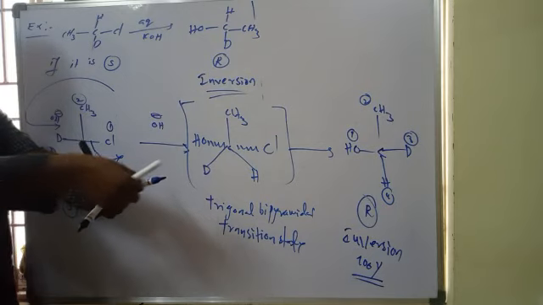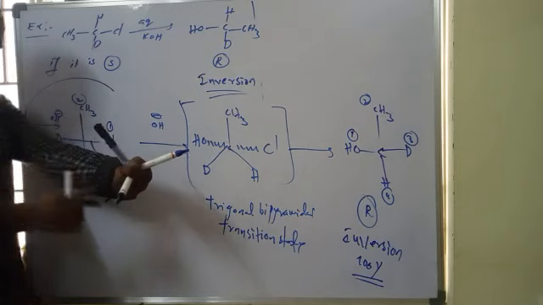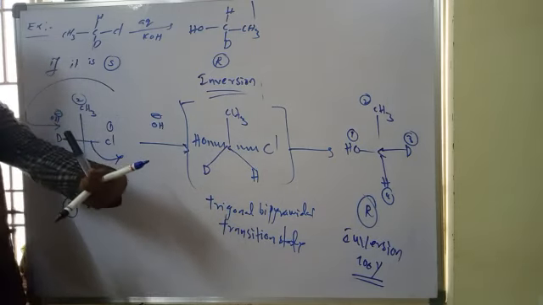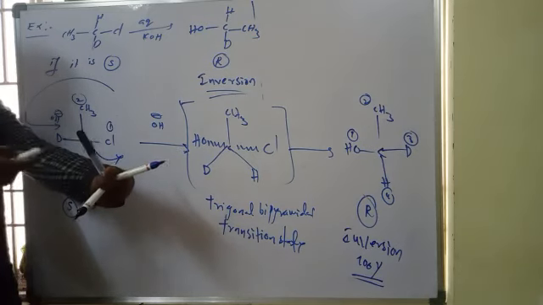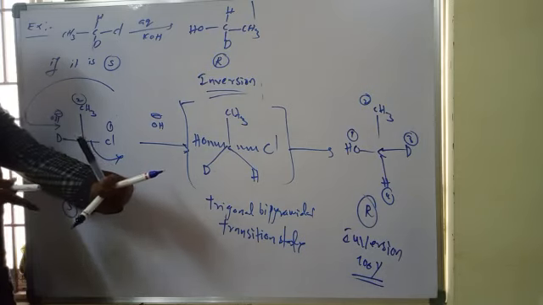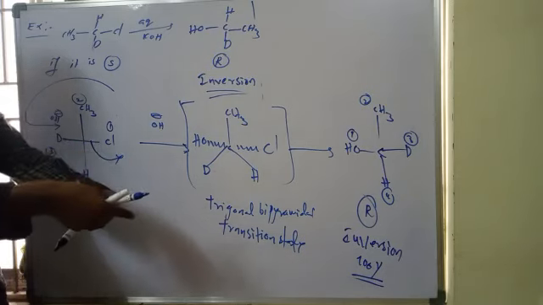Chlorine's elimination and OH attacking take place at a time because these groups are small: methyl, deuterium and hydrogen. So they allow OH to attack easily. OH attacks from the backside while chlorine eliminates from the front side at a time.